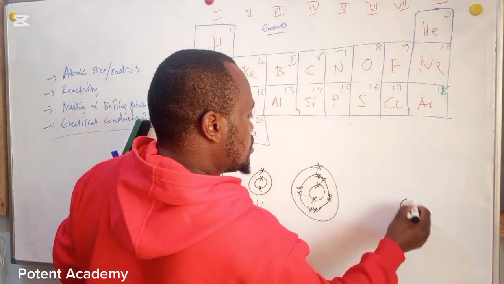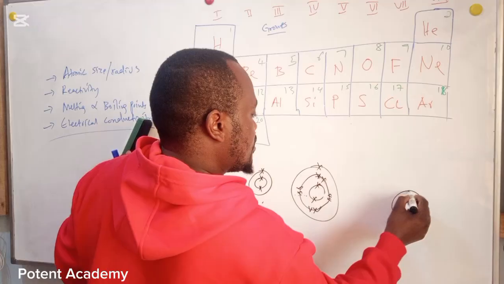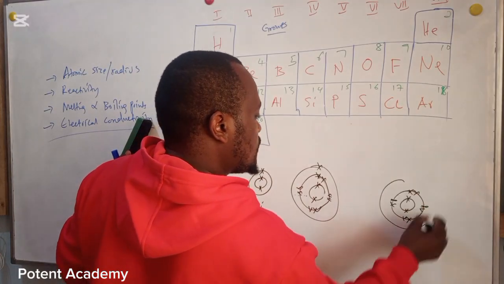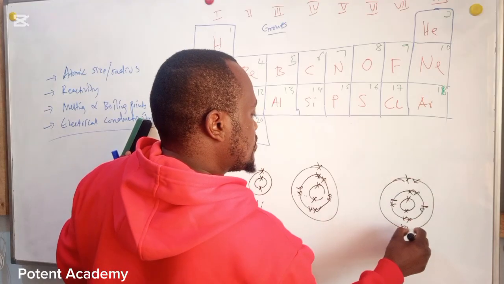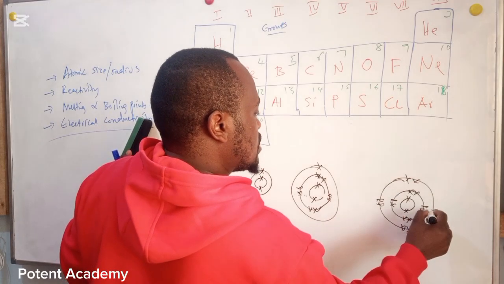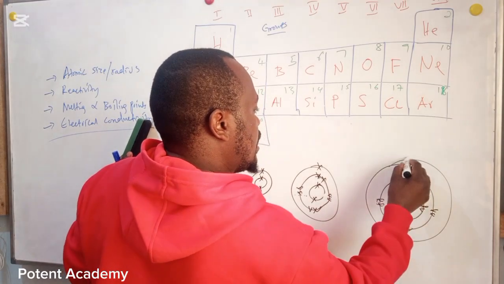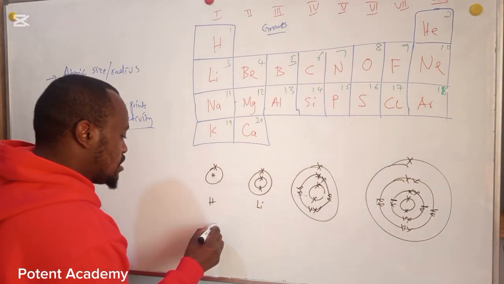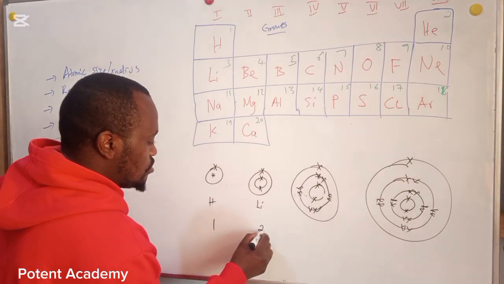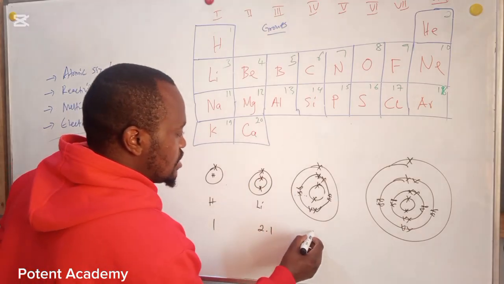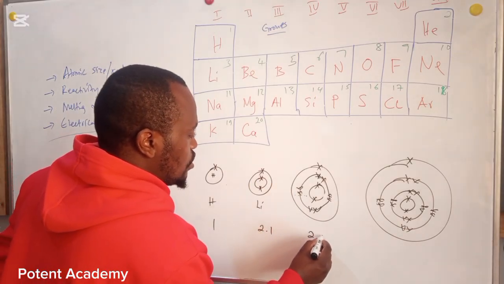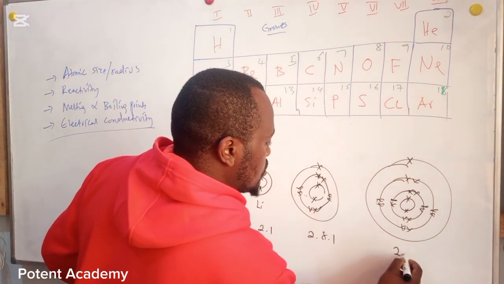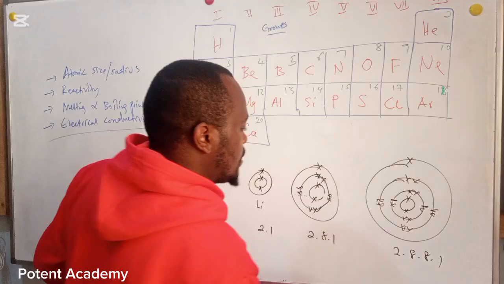Then we go to potassium, which has how many electrons? 19. If you are to write the electron arrangement, hydrogen is 1, lithium is 2, 1, sodium is 2, 8, 1, and potassium would be 2, 8, 8, 1.